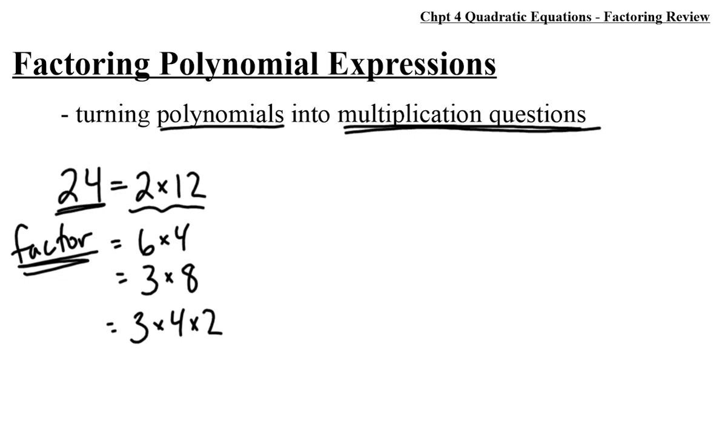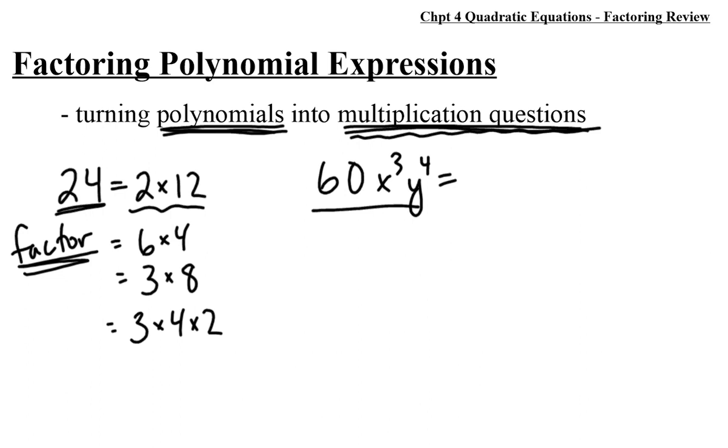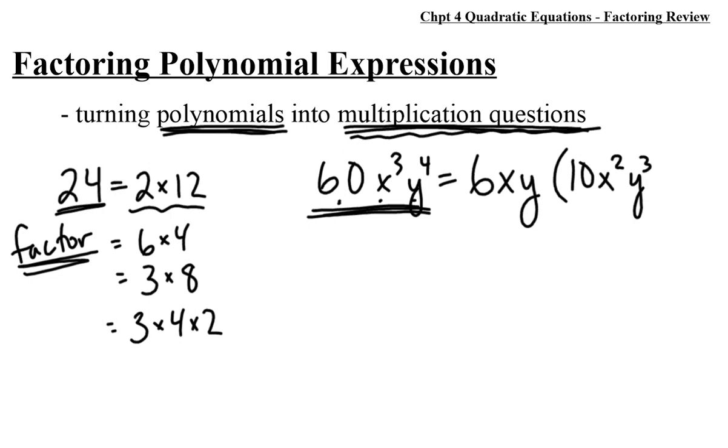Now, with that being said, it's not just about numbers. It could be polynomials. If I take a polynomial term, 60x cubed y to the 4, and I want to turn that into a multiplication question, there are all kinds of ways to break up a polynomial term because of the variables and the numerics. A possibility could be 6xy times 10x squared y cubed.